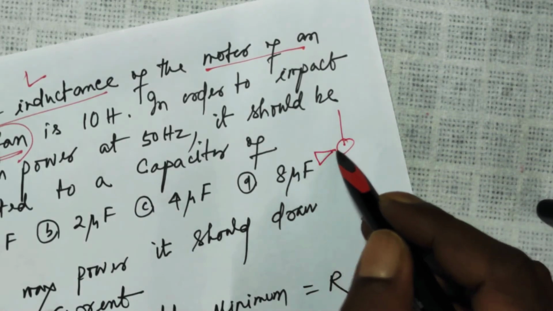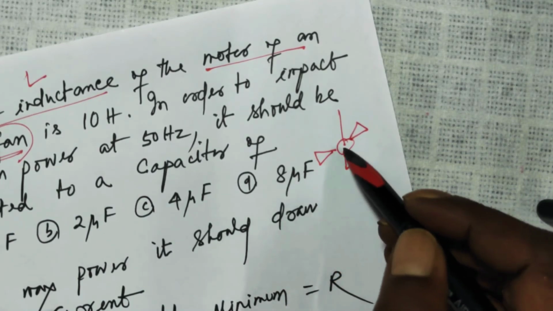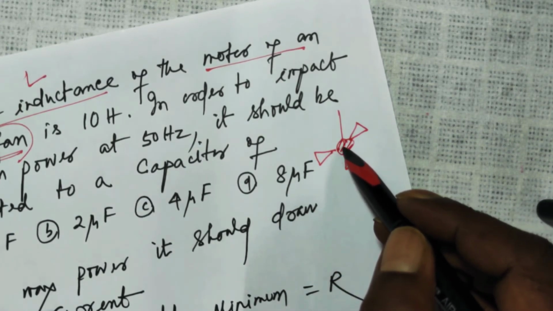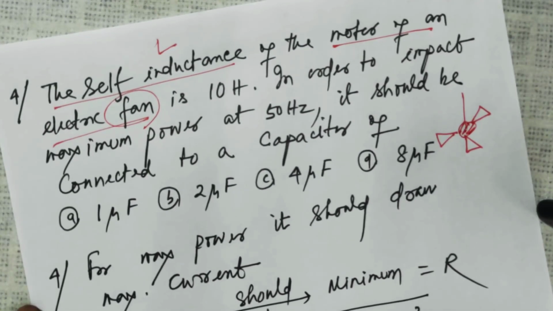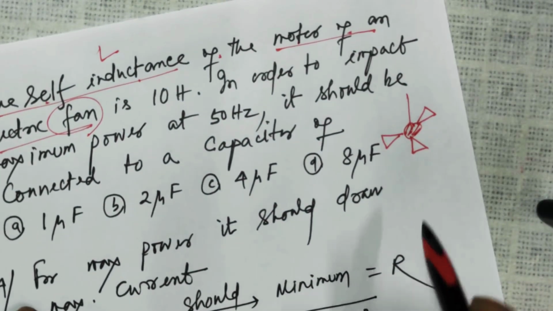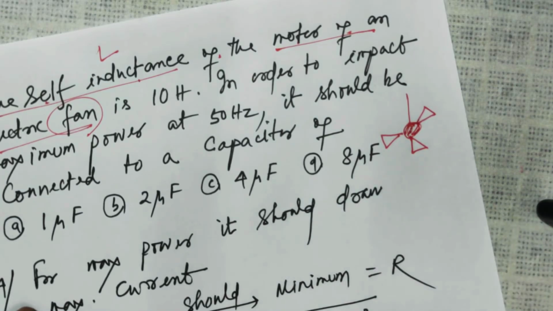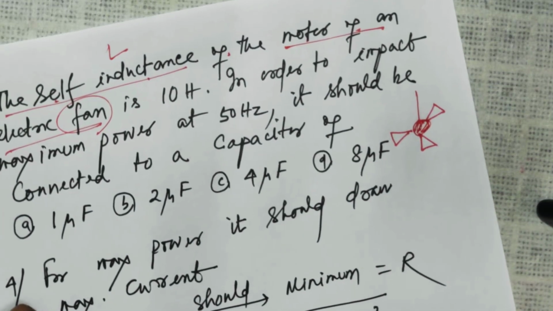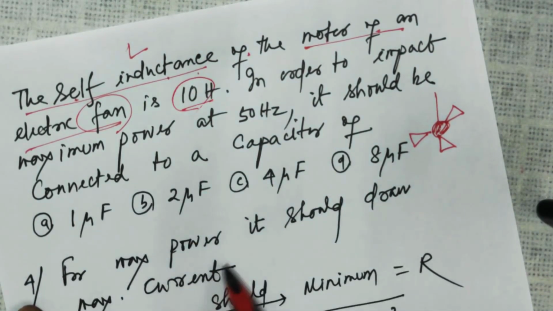These are the three blades. If you open this, inside you will find some coil, means an inductance coil. Now, there is a motor inside due to which the fan rotates, and the motor is made up of a coil, and the self-inductance of that coil is 10 Henry.